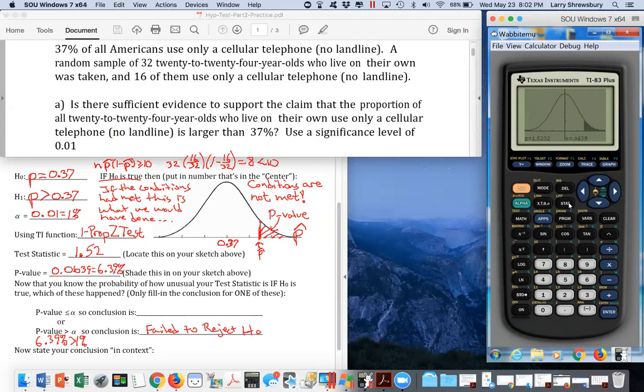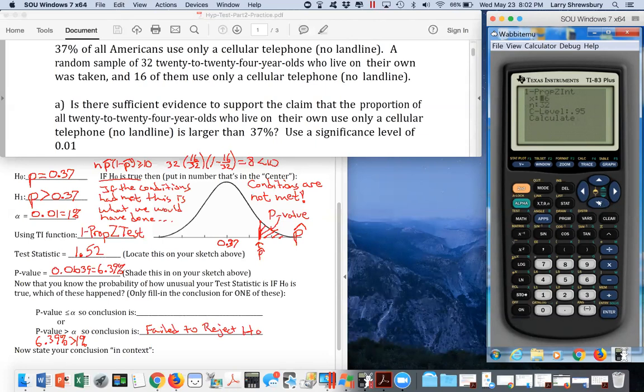Now, let's press stat, go over to test, and if I replace the word test with int, we want to go to 1 prop z int. You've used it before. So let's go in there. But now we're following a hypothesis test. These values are already entered in for you.